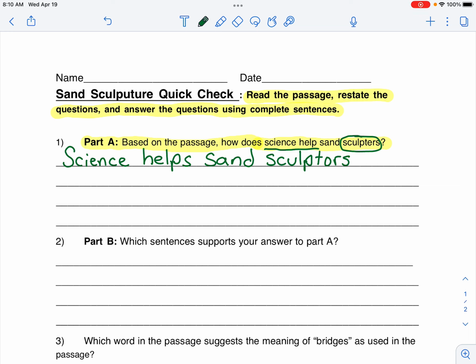Okay, now that you have this written down, remember, this is only restating the question. Now you need to answer it. I would check where you annotated because I have a feeling that is going to be a huge help, which is why we do that. Go ahead and pause this video, answer number 1, and then unpause it and move on to question 2.